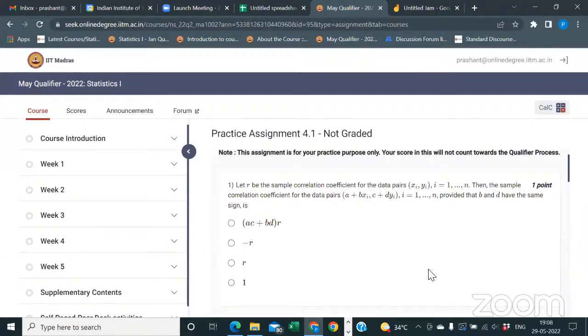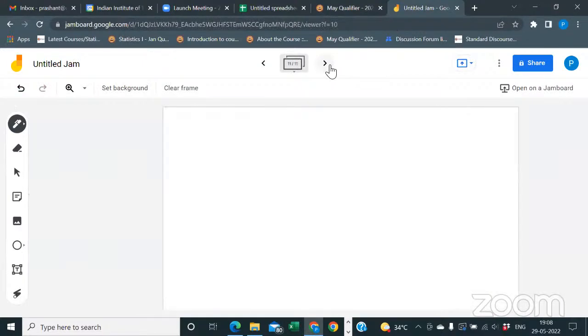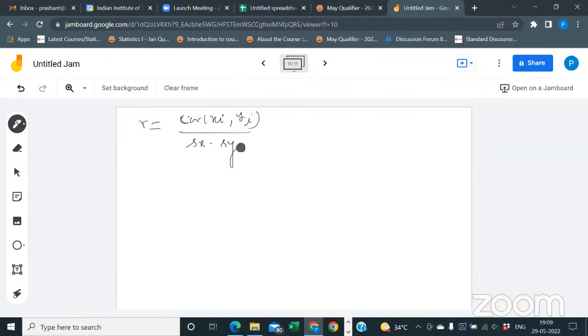I didn't get anything. Okay, see, R is the sample correlation coefficient for the xi, yi. Your R is the correlation for the xi, yi, which means covariance of xy divided by sx into sy. Yes, this thing I know.